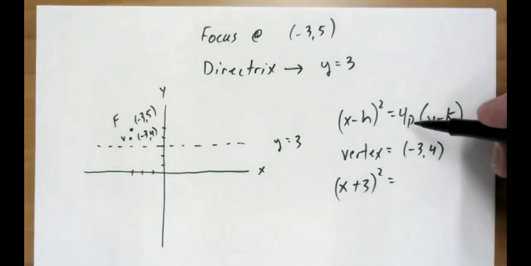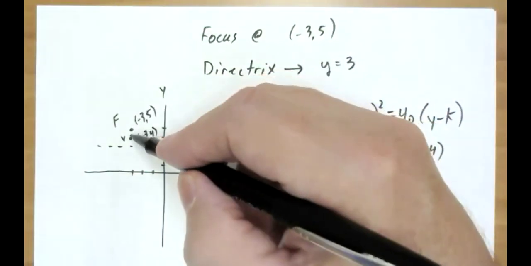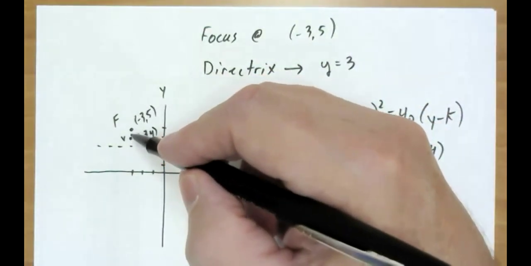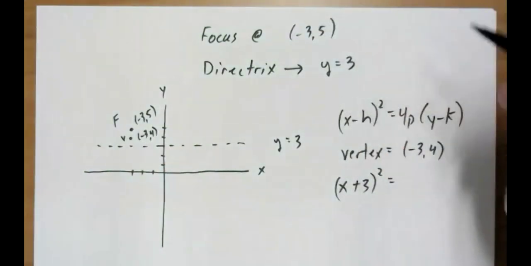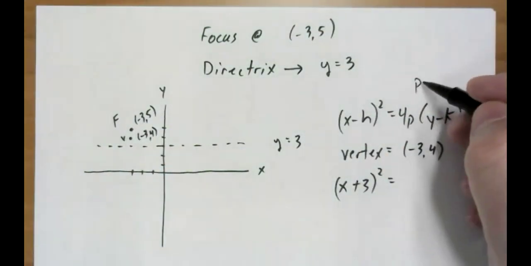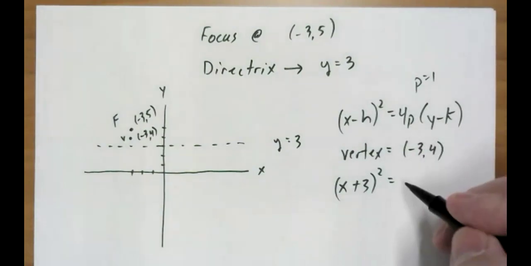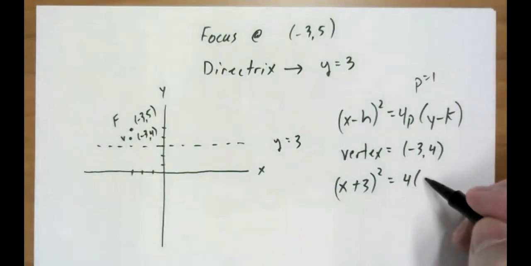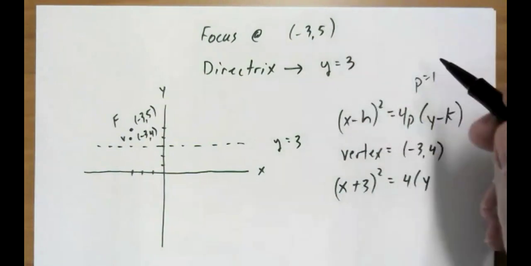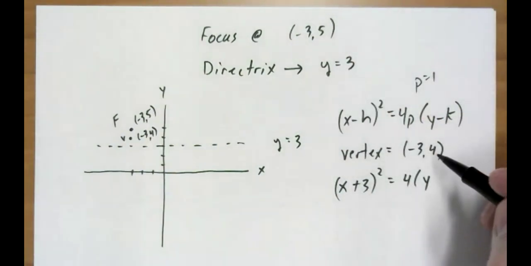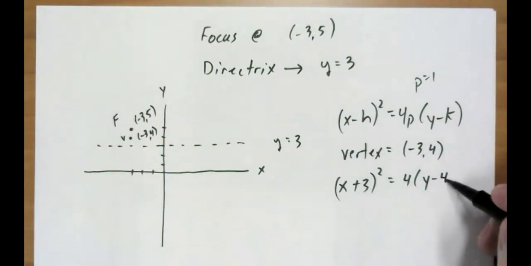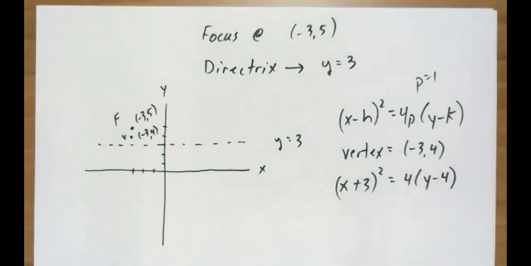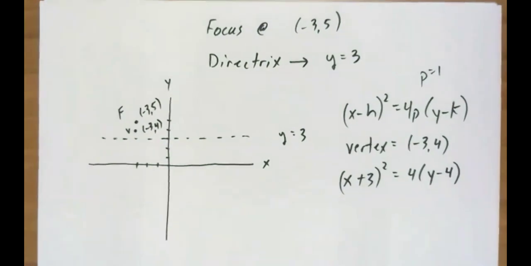Now let's go ahead and figure out the p while we're doing this. The p is the distance between the vertex and the focus, or the vertex and the directrix. Those are both p. So in this case, it looks like p is going to be 1. So this is just going to be 4. So since k is 4 right here, I believe this should be the equation of the parabola.